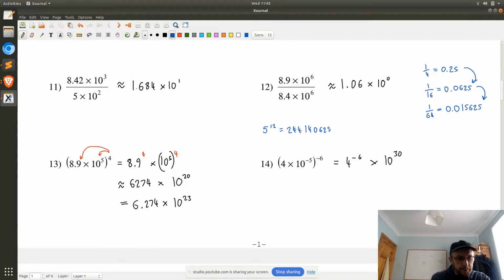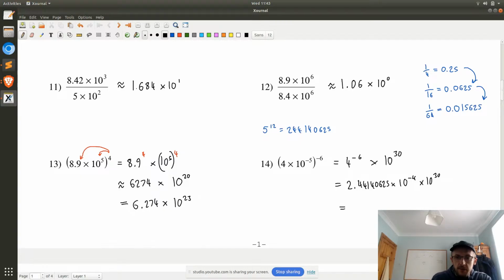And then we get something in scientific notation as well. I'm going to do all the places. That's to the -4, and that's to the 30.